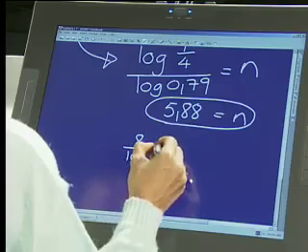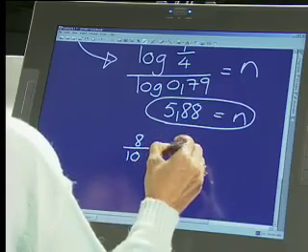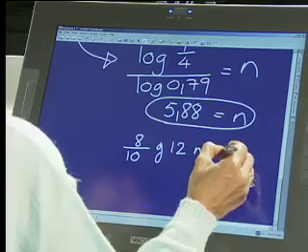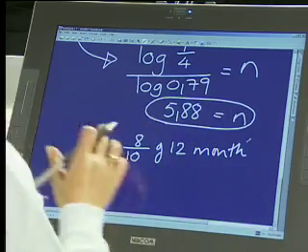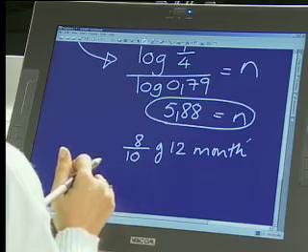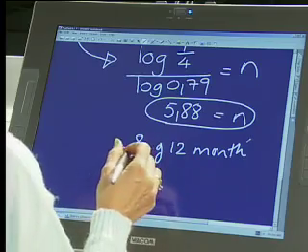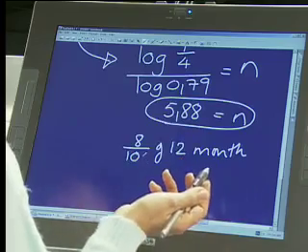That means 8/10. So it's not 8 months, but it actually means 8/10 of the year, which is 12 months. And 8/10 of 12 would be 96/10, which would be 9.6.